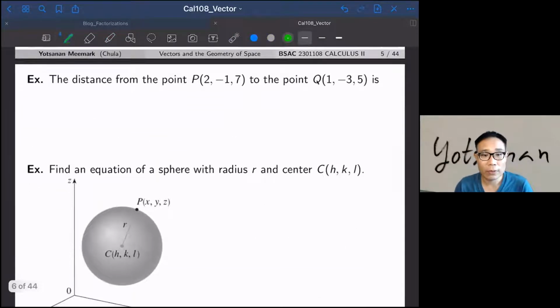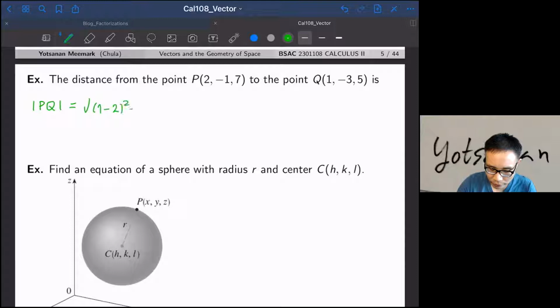So the distance from the point P equal to (2, negative 1, 7) to the point Q (1, negative 3, 5) is equal to what? So the distance between P and Q will turn out to be the square root of (1 minus 2) squared, and you have (negative 3 minus 1) squared, plus (5 minus 7) squared.